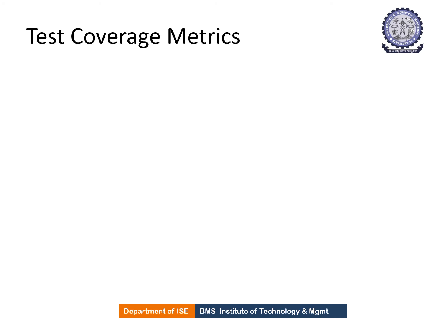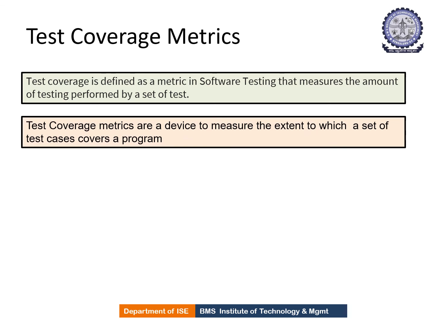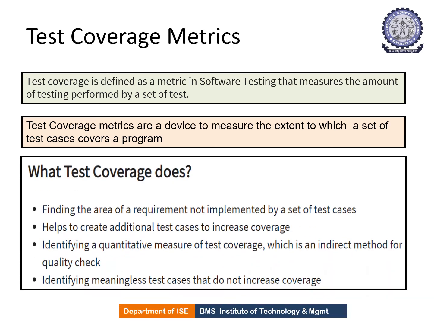This is very important: test coverage metrics. To what extent have we covered the test cases? Test coverage is defined as a metric in software testing that measures the amount of testing performed by a set of test cases. Test coverage metrics are a device to measure the extent to which a set of test cases covers a program. What does test coverage exactly do?